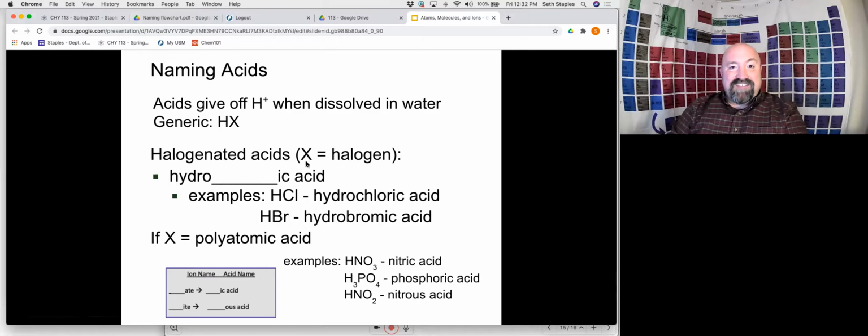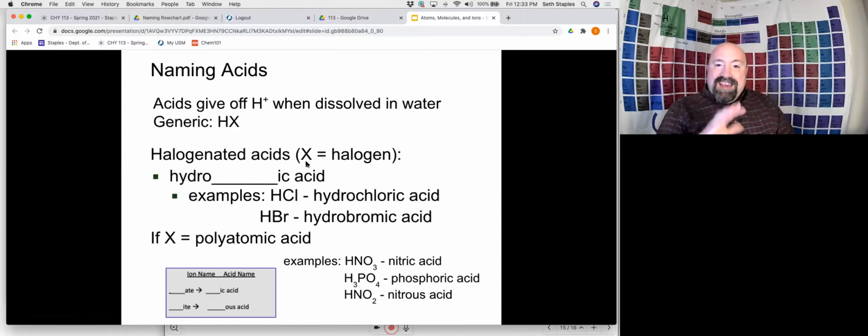Now, if that X is a halogen, then all we do for the name is hydro in the front of it, and then the base name of the halogen, followed by ic acid. And so, for instance, if it's HCl, hydrochloric acid. HBr, hydrobromic acid. HF, hydrofluoric acid. HI, hydroiodic acid, and so forth.